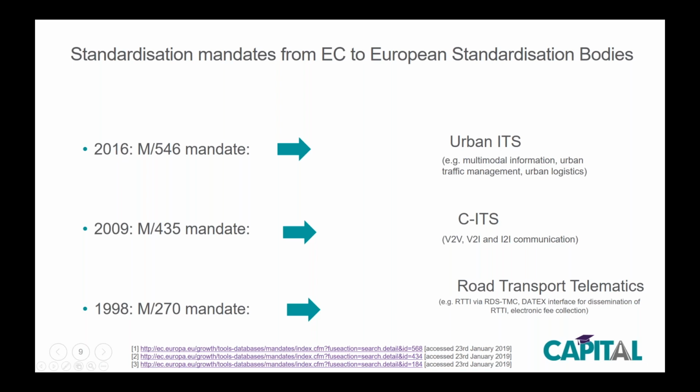The second was in 2009 for standardization of CITS, including vehicle to vehicle, vehicle to infrastructure, and infrastructure to infrastructure communication. The most recent one was published in 2016, and this was a mandate for standardization of urban ITS, for example multimodal information, urban traffic management, and urban logistics.